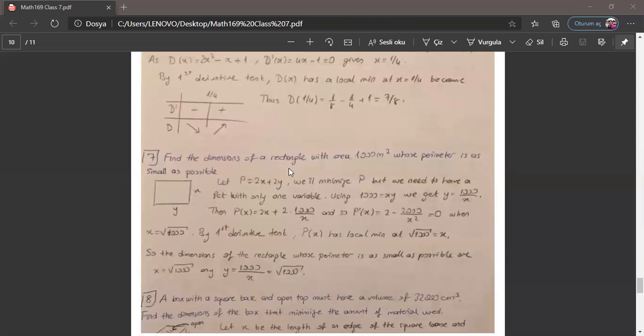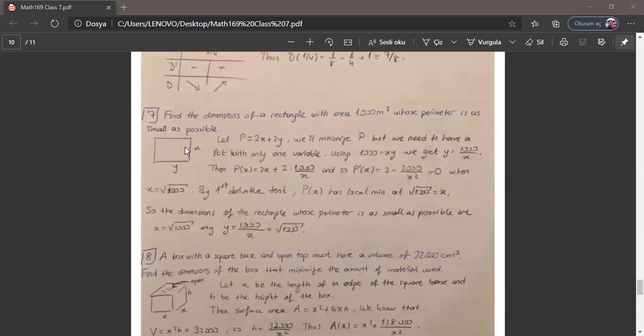Okay. Now for this question, we will find the dimensions of a rectangle with this area and whose perimeter is as small as possible. So we need to minimize the perimeter of the rectangle. We first write its perimeter as a function.